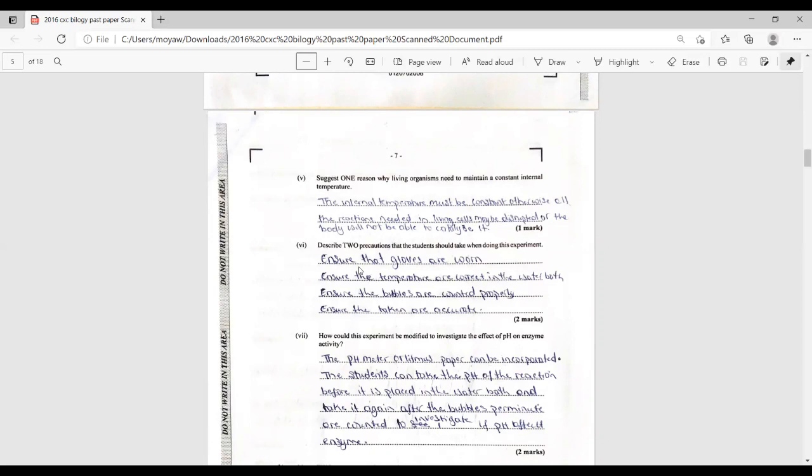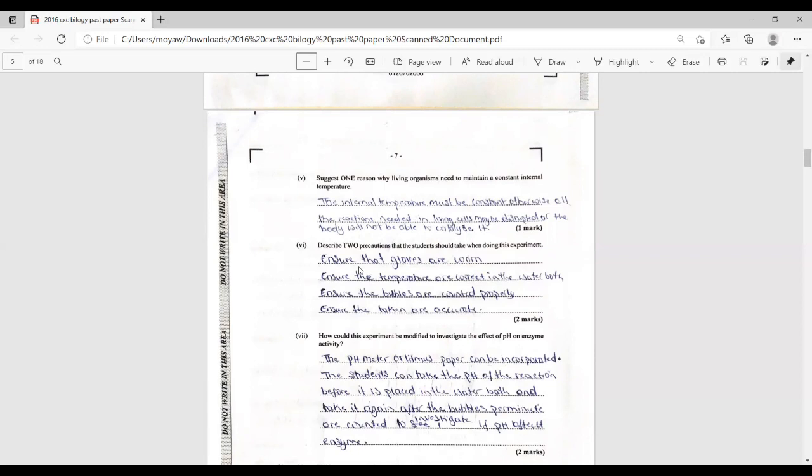So now, the internal temperature must be constant, otherwise all the reactions needed in living cells may be disrupted, or the body will not be able to catalyze it, which is pretty simple. If your internal temperature is not being maintained, then certain reactions will not be happening and certain things will be disrupted in the cells, and that's why we need balance.